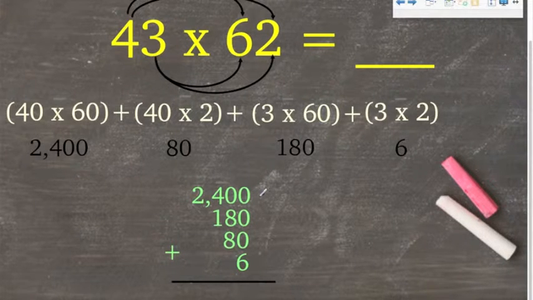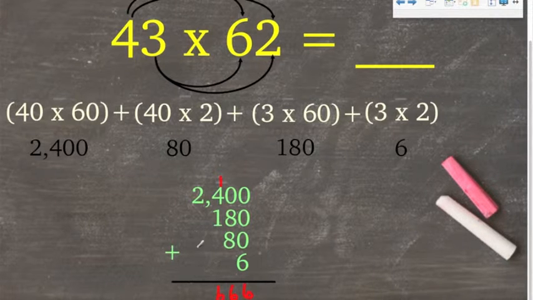All you're going to do is add this like a normal algorithm, right? Starting at the top, you've got zeros plus 6 is going to give you a 6. Go to your tens place. You have 8 plus 8, which is 16. Remember, you can't fit 16 here, so you're going to put the 6 here, and you're going to carry the 1 into the hundreds place. So now you have 4 plus 2, which will give you another 6.